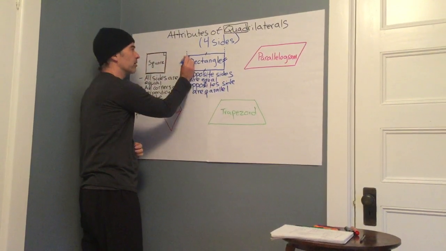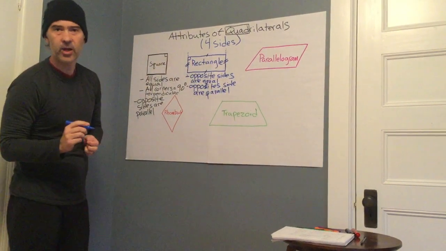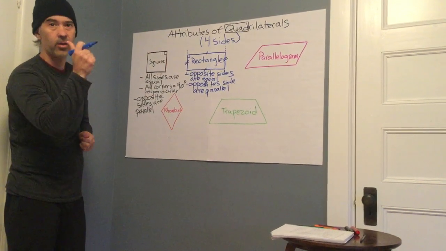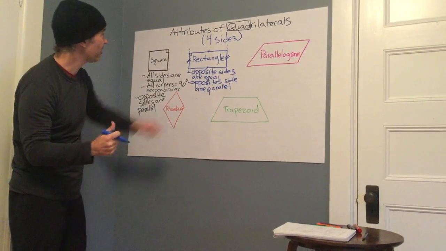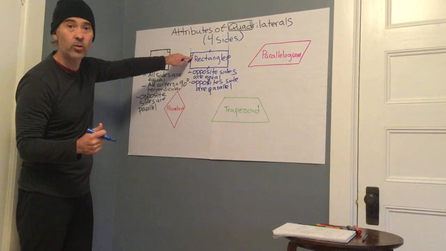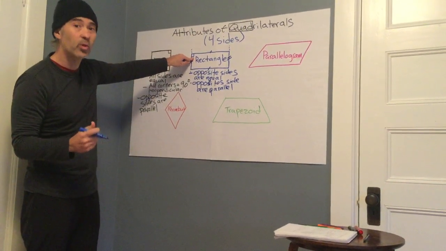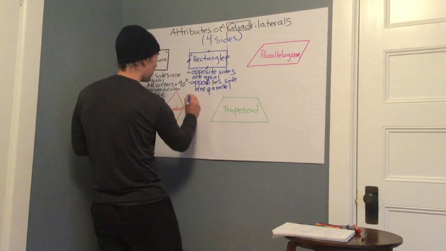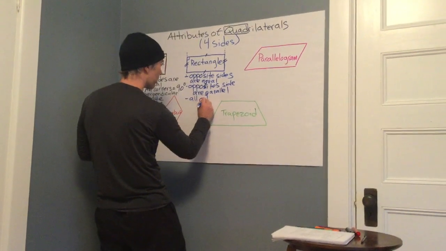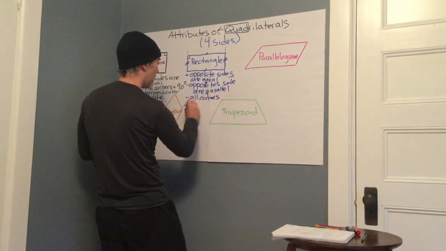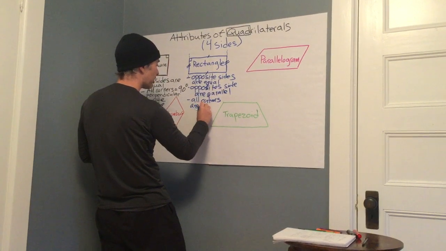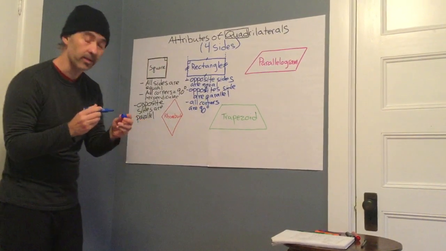Now, look at their corners. What do you know about their corners? All corners are the same, and they also are equal to 90 degrees. They're also perpendicular. So we can write that here. All corners are 90 degrees. They're also perpendicular.